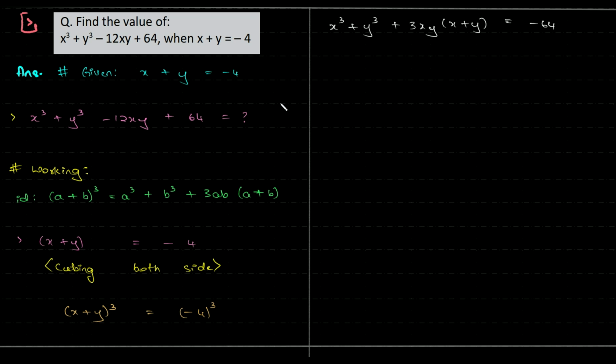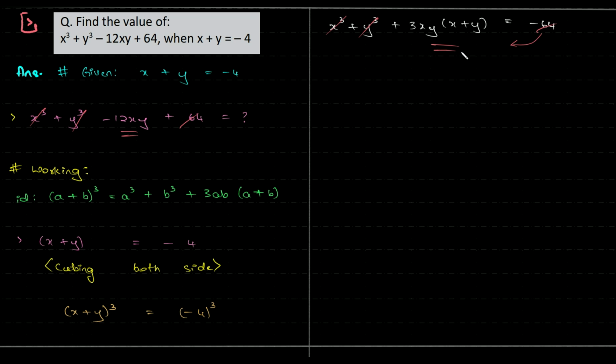Well, can you think what we can do? See, let us do one kiddish thing, that is, let's cancel what is there in common. This and this is common, this and this is common, right? We have 64 on the left hand side and it's positive. We have 64 on the right hand side and it's negative. We can transpose that and this will become positive.